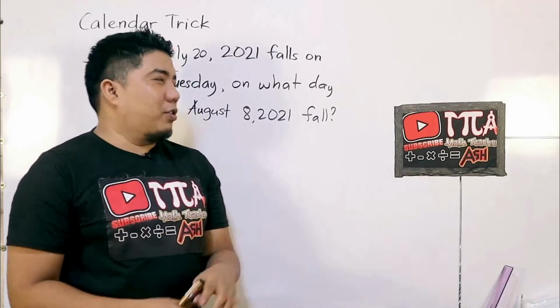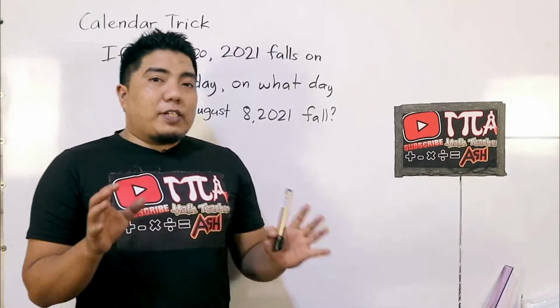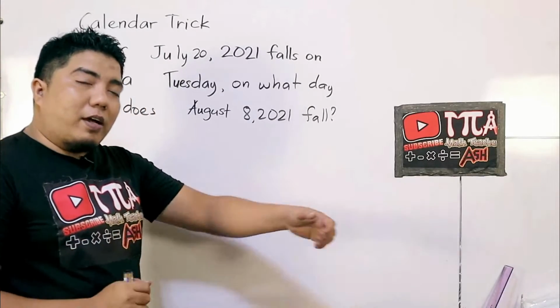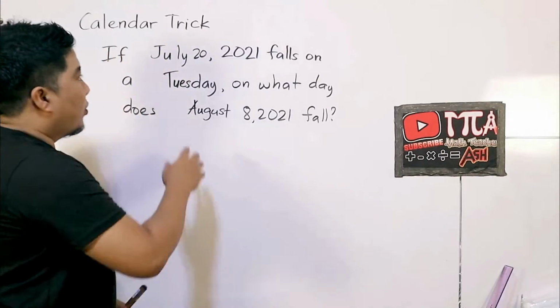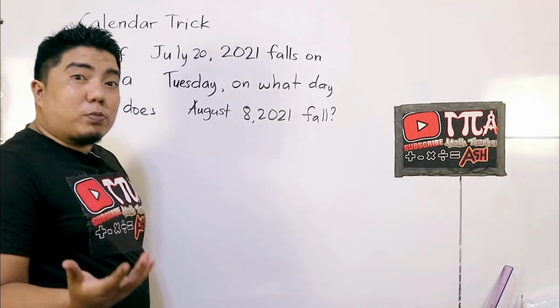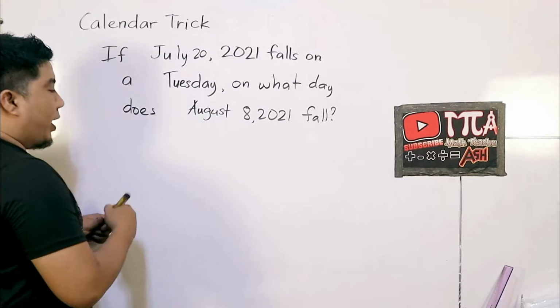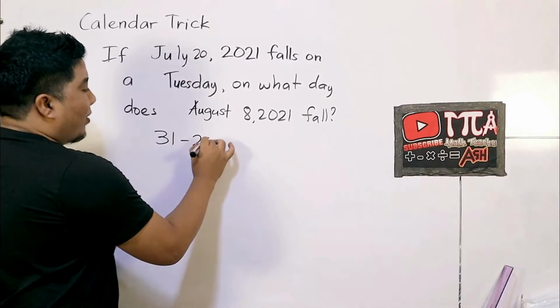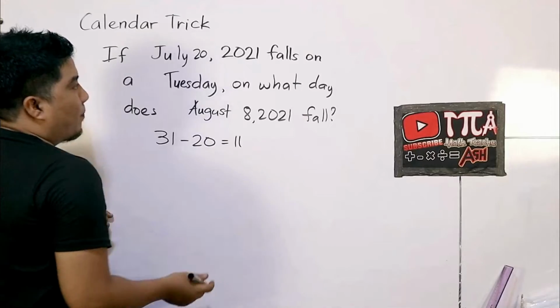That is August. So the first thing you should know is to determine how many days there are in July. Since July is one of those months with 31 days, what we will do is 31 minus 20, which is equal to 11.